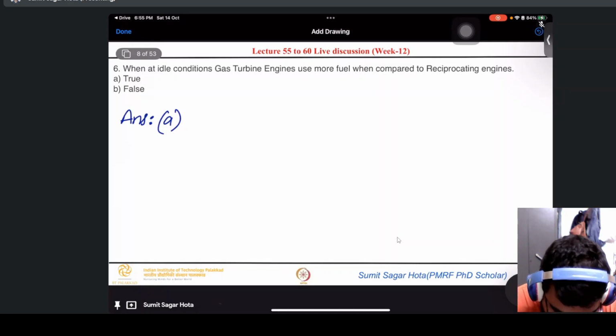Though the condition may be idle, to run the turbine the compressor takes as much as 2/3 of the total power produced from combustion, and the remaining 1/3 is used for the power output. So during idle, the power output may not be required, but the compressor uses 2/3 of the energy. Reciprocating engines do not require a separate compressor, and hence less fuel will be burned during idle time compared to a gas turbine.